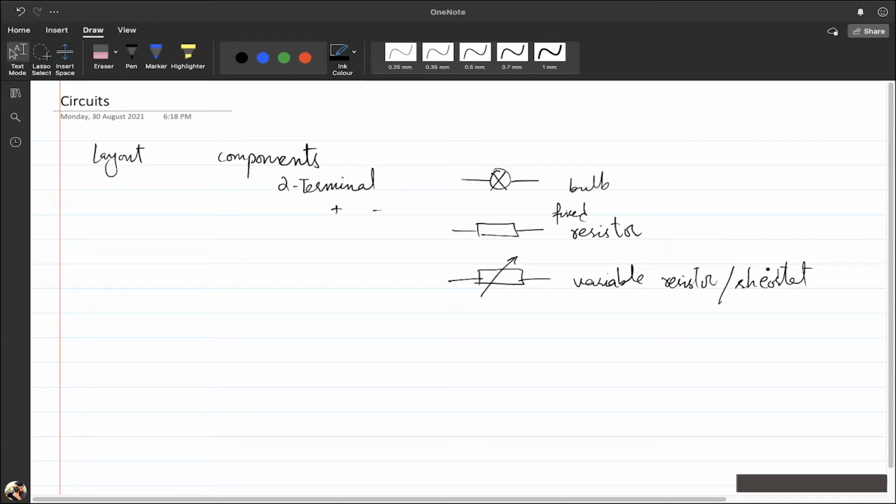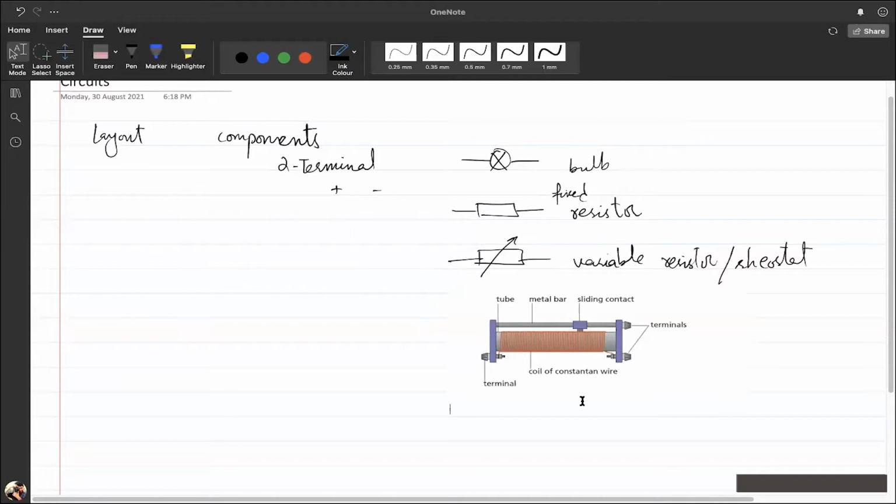So let me show you a basic diagram of what a variable resistor might look like. If you notice over here, there's this terminal that the current is coming in from, and it goes out from here. When it comes in, it goes through this wire up till it comes to this sliding terminal and goes out from there.